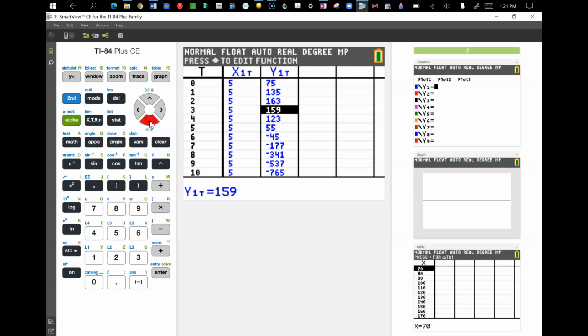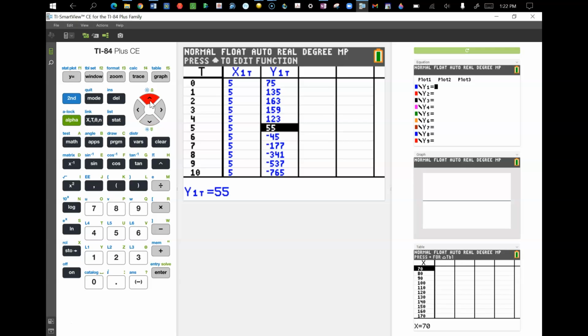So now at 3 seconds, it's actually starting to fall. At 4 seconds, it's at 123 feet above ground. At 5 seconds, 55 feet. At 6 seconds, negative 45 feet above ground. That doesn't make sense.